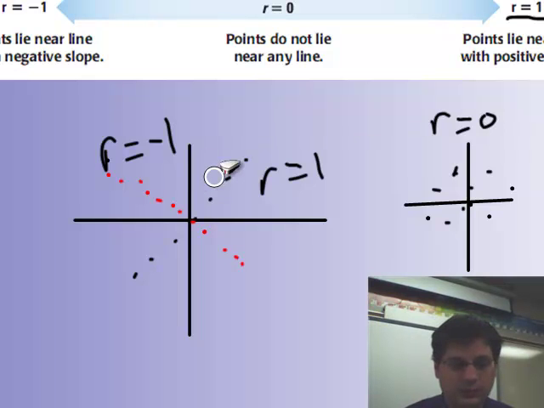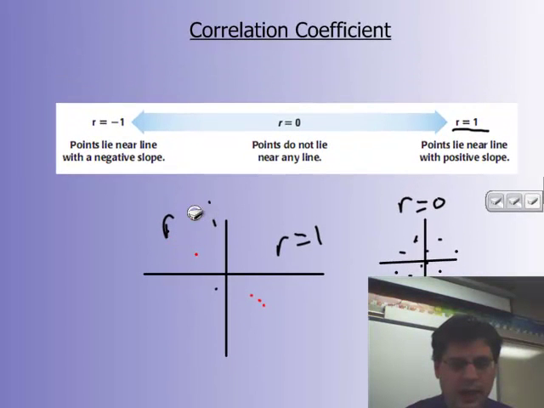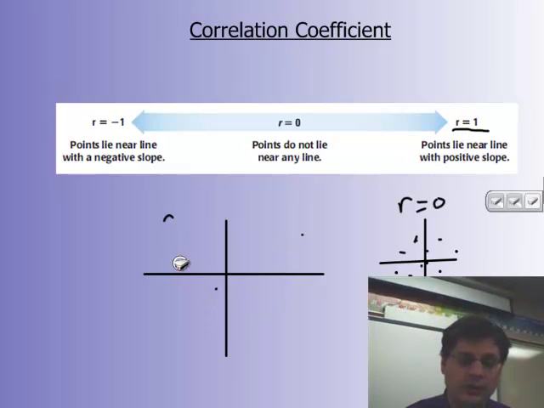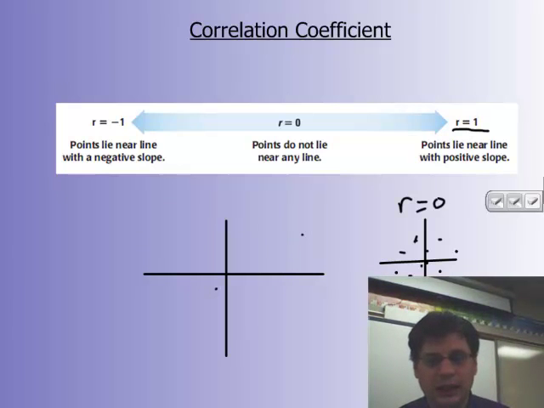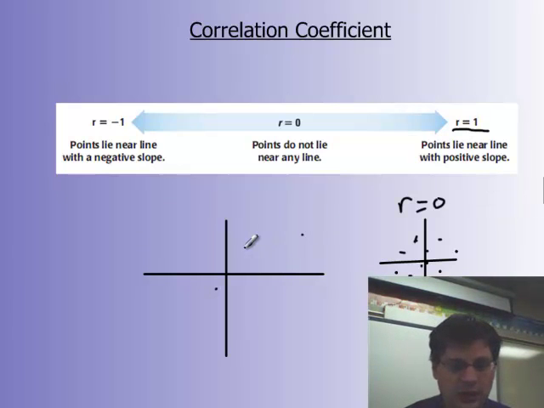So for instance, let's say my points head in a positive direction, but it's not like a perfectly straight line. So we'd have something like this. I can see that it has a positive trend, but the points are not in a straight line.